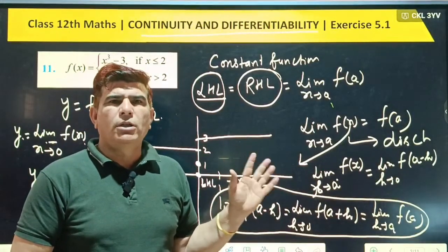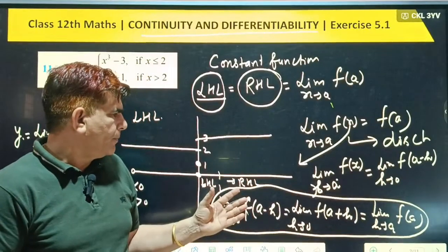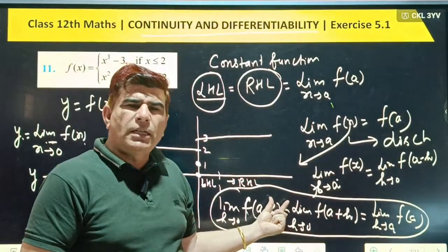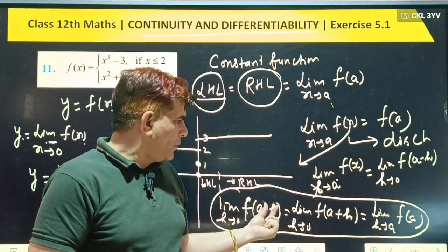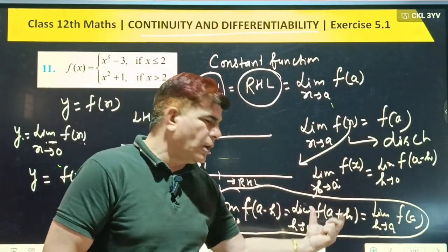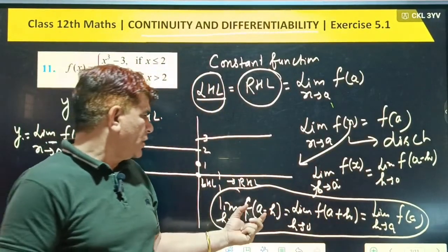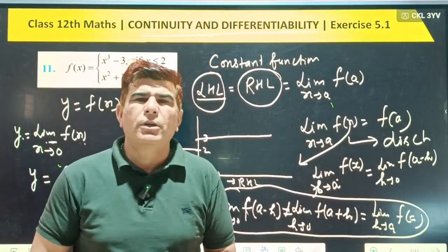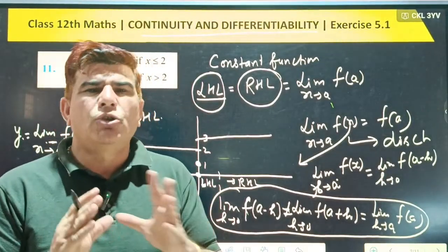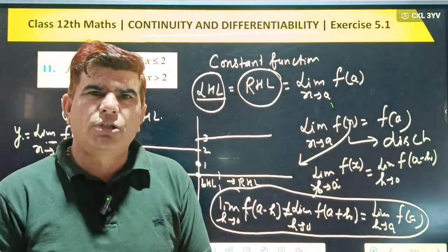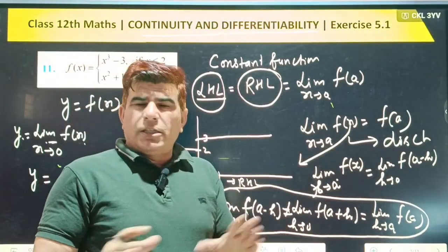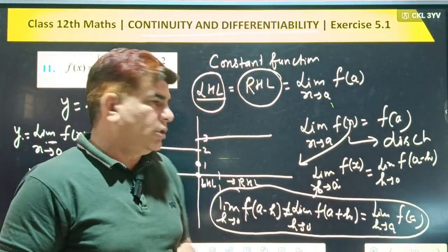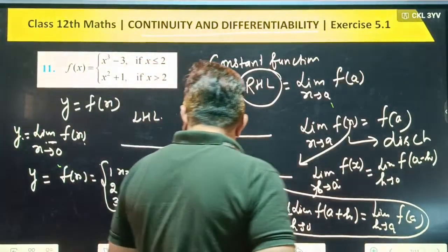And if these exist and we can find a value where these all become equal, that is, these exist but the function value is not equal to them, that type of discontinuity is named removable discontinuity of the first type. Understood? I am thinking the teacher told you all about this; I am just taking a recap of it. So now coming to the topic, if there is a problem anywhere, you can tell me.